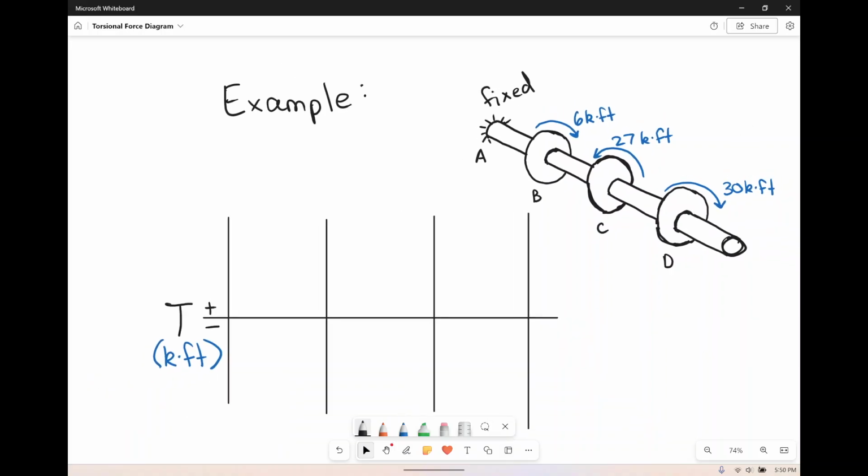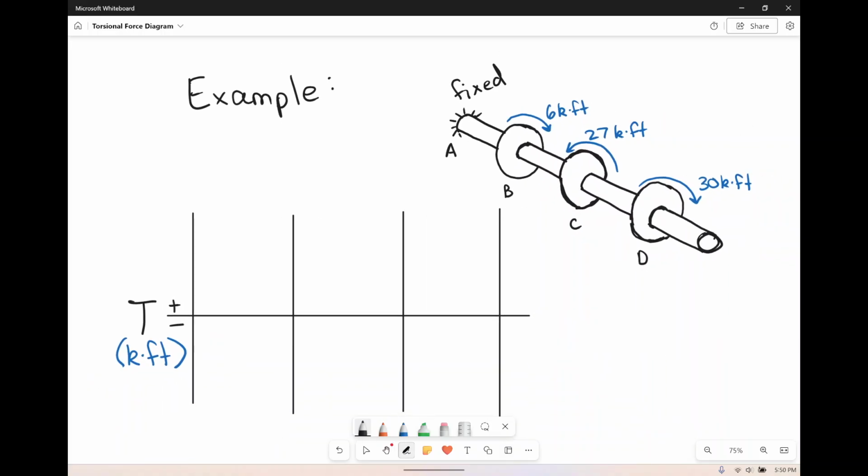Here's an example. For this example, we have this gloriously drawn picture by yours truly. We have this beautiful picture of a circular shaft here. We have some, let's call them discs or gears, whatever you want to call them. These things are attached to the circular shaft, and they're being twisted.